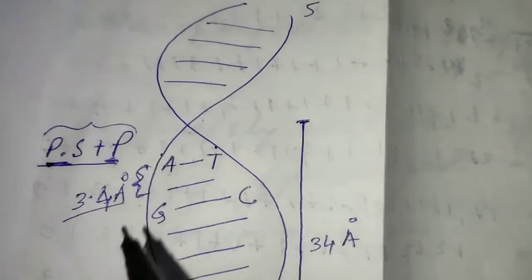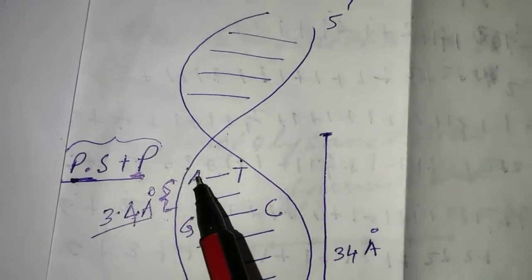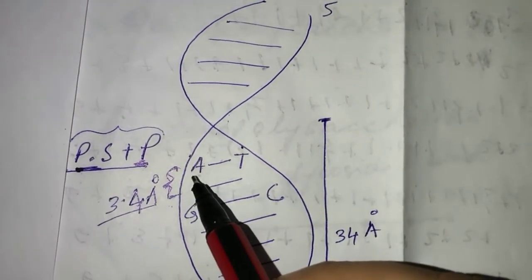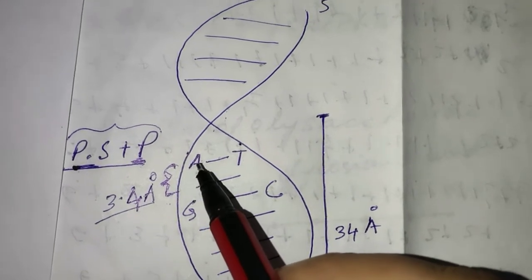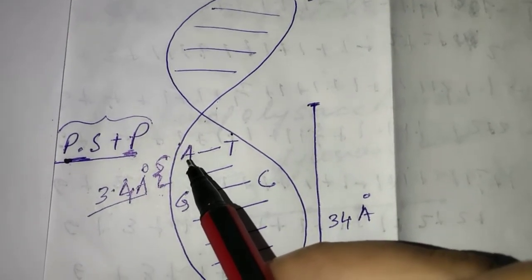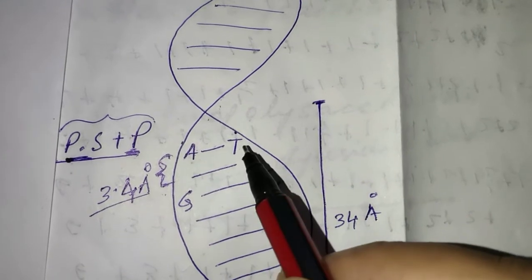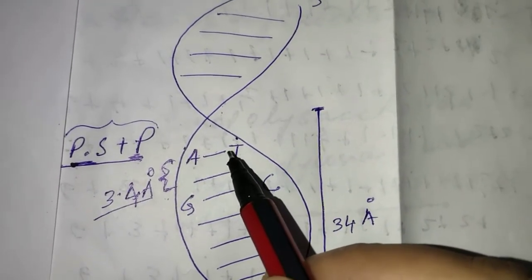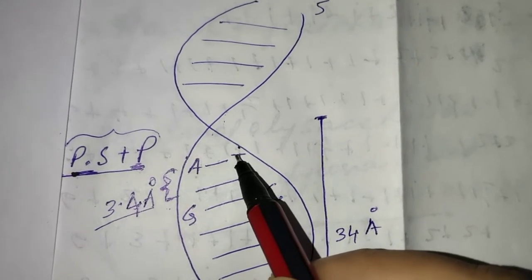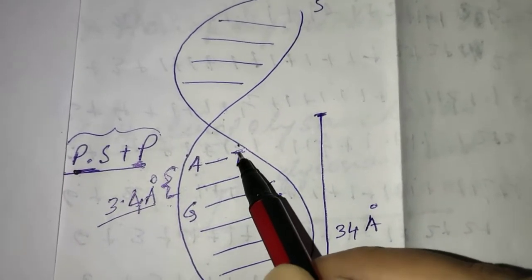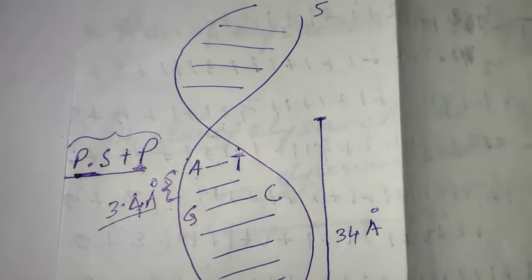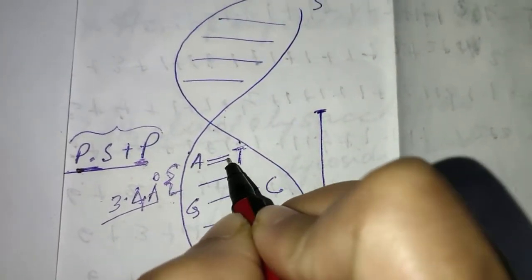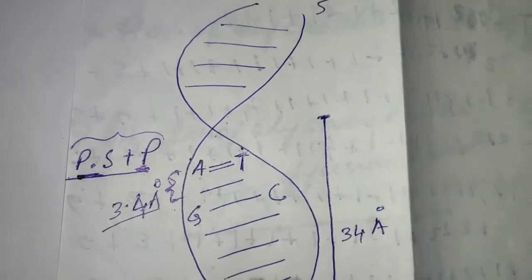Here I am showing, look, if one strand contains adenine base, then in the other strand it must be thymine, and these two are linked by 2 hydrogen bonds.